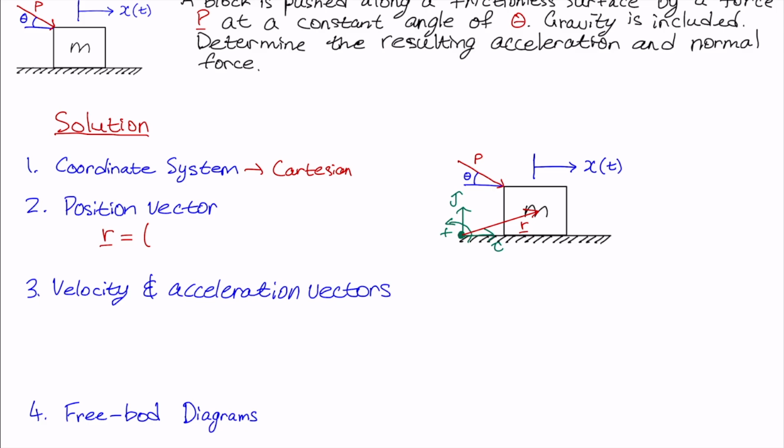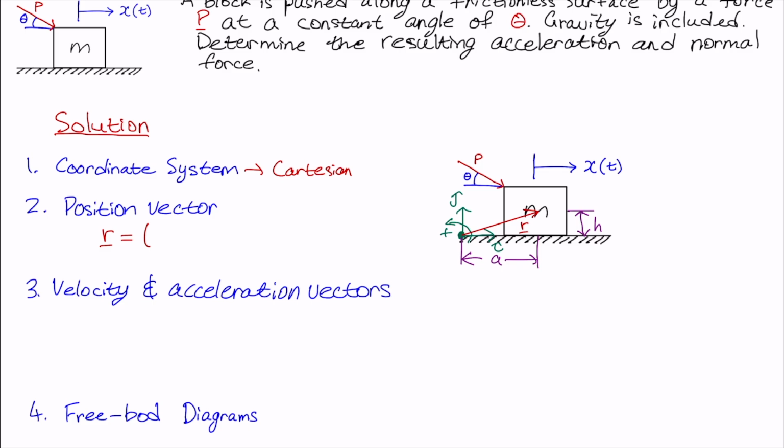I put it to the left, so I need to introduce both a vertical and a horizontal scalar dimension. For the horizontal direction, I'm going to say that this is just a dimension A, and then from the ground in the vertical direction, we'll say that there's a position H.